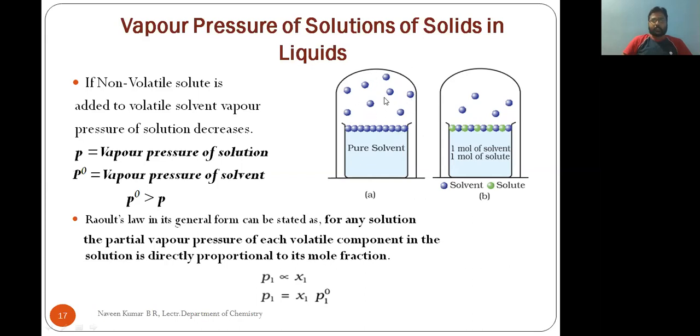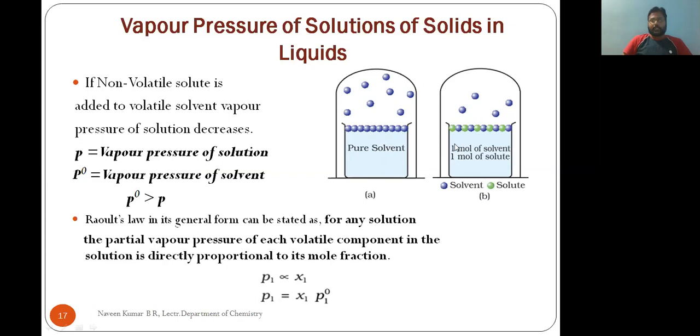Now this blue color one we will consider as only the solvent, which is a volatile liquid. As the solvent or the volatile liquid is in its pure form, the rate of evaporation will generally be high. The vapor pressure of this liquid in its pure form will be high. So let's say that vapor pressure is P naught, where P naught is the vapor pressure of the volatile solvent taken.